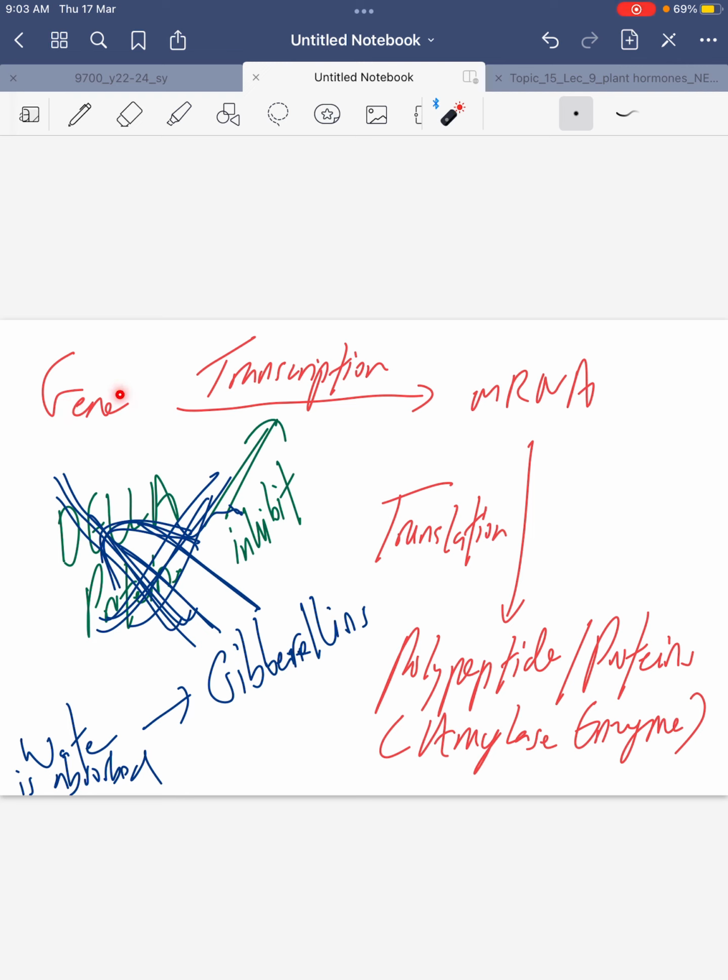That's why the gibberellin diffused to the aleurone layer will switch on the gene for amylase, the gene for lipase, the gene for maltase, and many other enzymes undergo transcription to produce messenger RNA, and then the messenger RNA will undergo translation and make amylase and other enzymes. Okay, so this is the meaning of that.